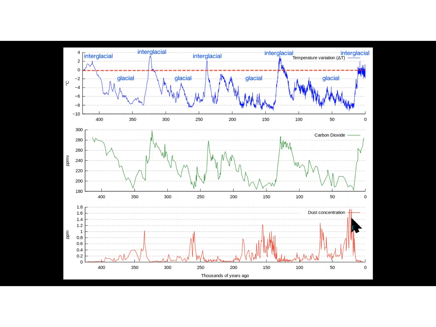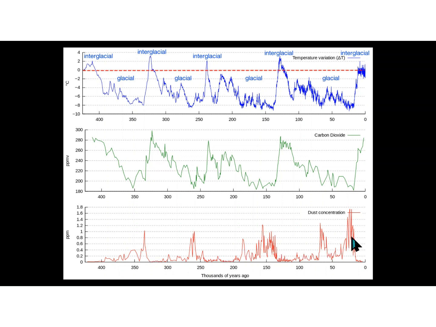Dust concentration, however, is very interesting because while the temperature goes down, the dust concentration goes up. Because this is still here. It's not in the Holocene. It's not in the interglacial. And when we come into the interglacial, the dust concentration is very low.